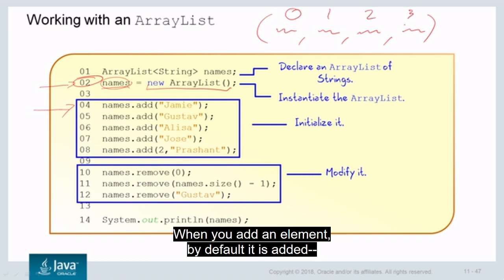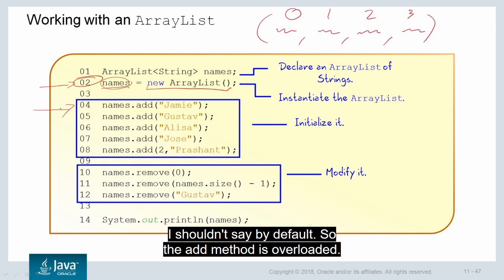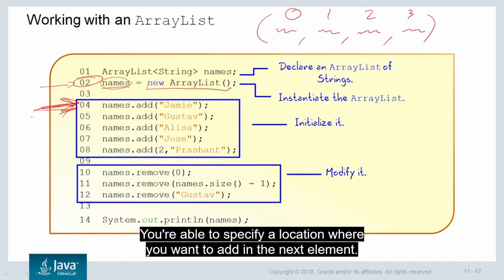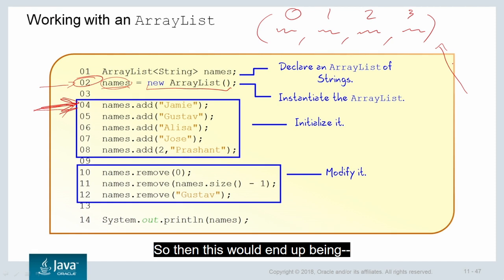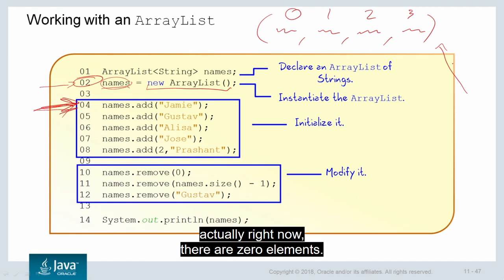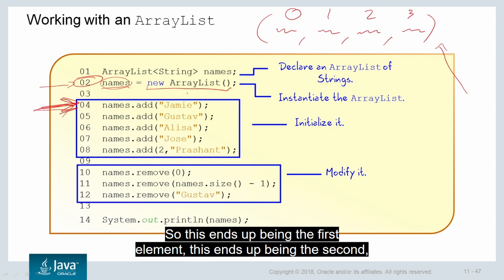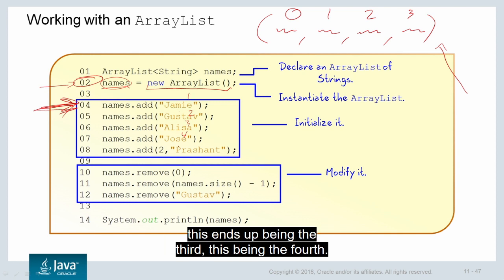When you add an element, by default, it is added, well, I shouldn't say by default. The add method is overloaded. You're able to specify a location where you want to add the next element, but if you don't provide a location, it'll be added right onto the end. Right now there are 0 elements, so this ends up being the first element, this the second, this the third, this the fourth.